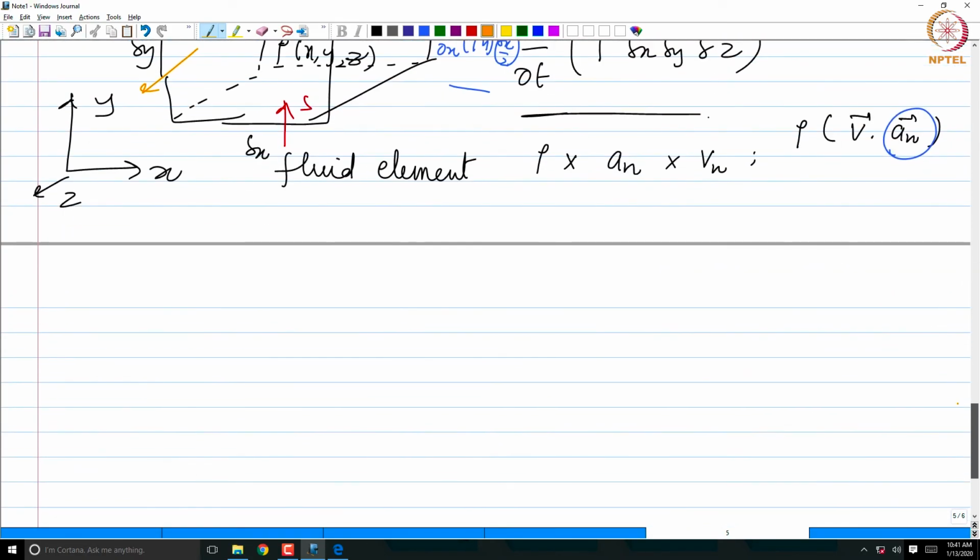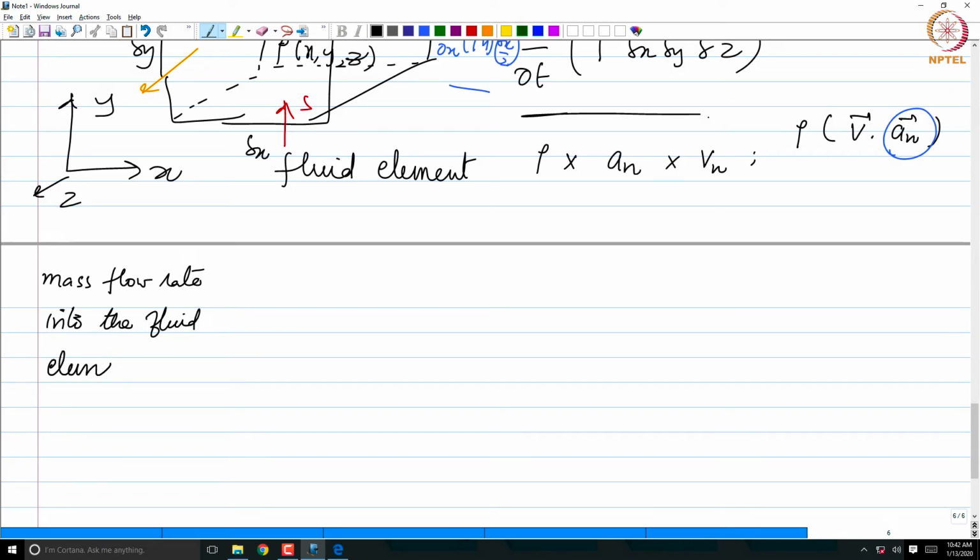Okay, so then what will be the mass flow rate into the fluid element? Whatever is flowing in, we represent it with positive.